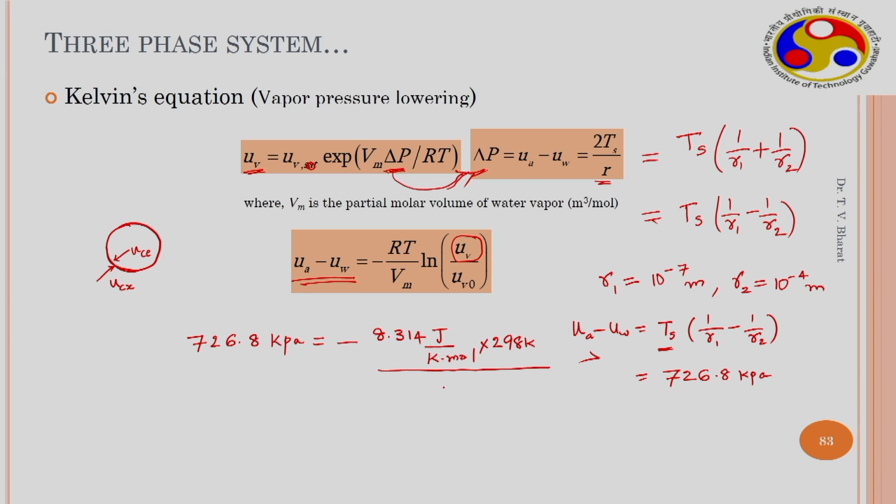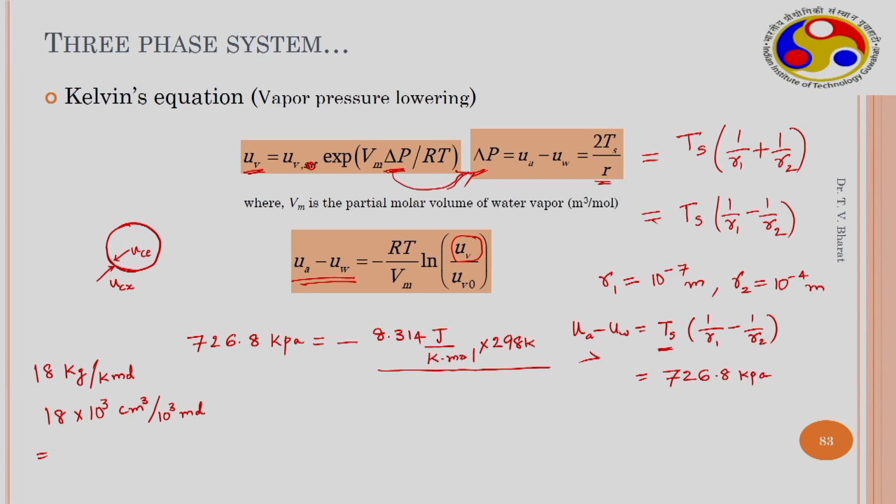divided by Vm, the partial molar volume of water vapor. The molecular mass is 18 kg per kilomole, which can be written in terms of volume. So 18 times 10 power 3 centimeter cube per 10 power 3 mole.